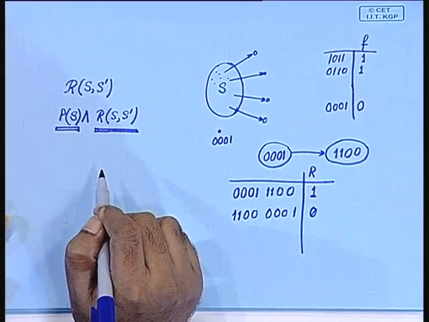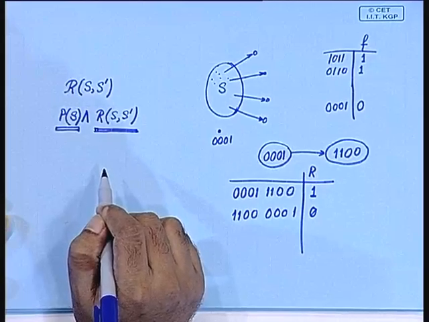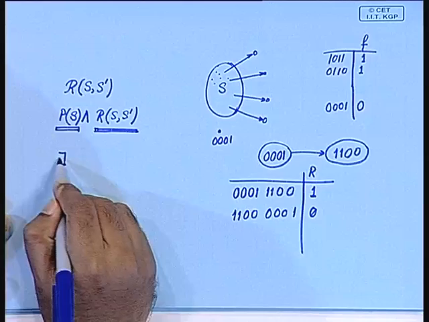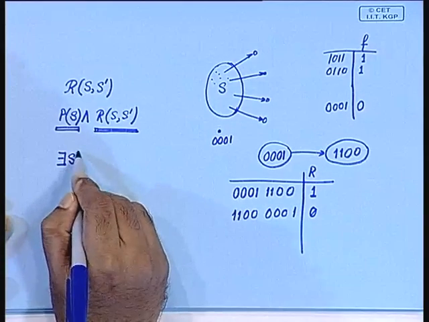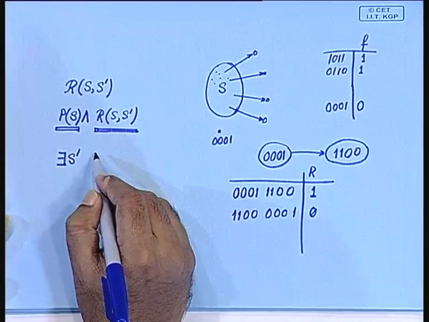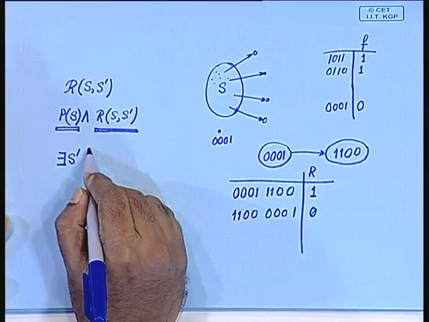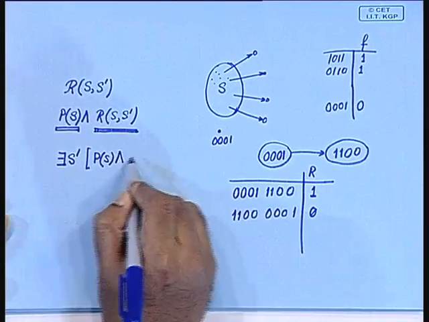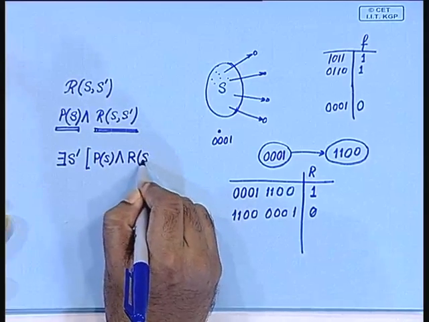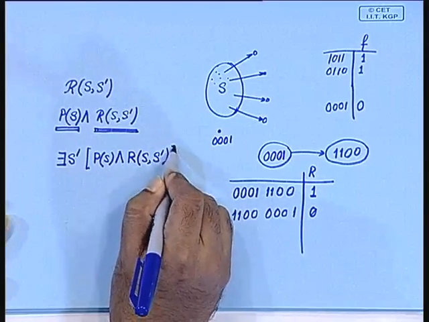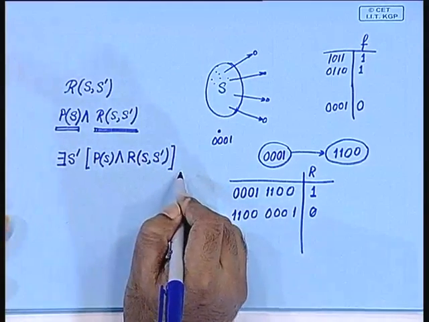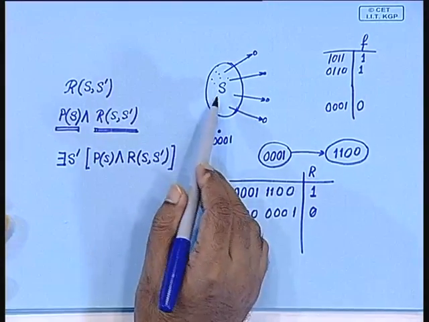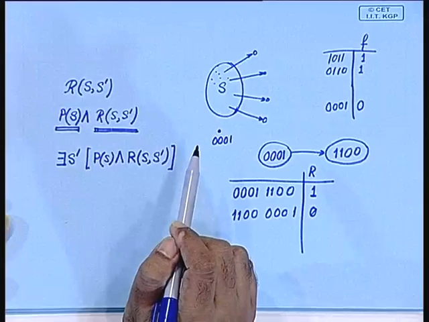We are going to get the set of next states of S, right. So, if we define this set, there exists S dash, okay, such that PS intersection R S S dash. This represents the set of next states of the set S, right.